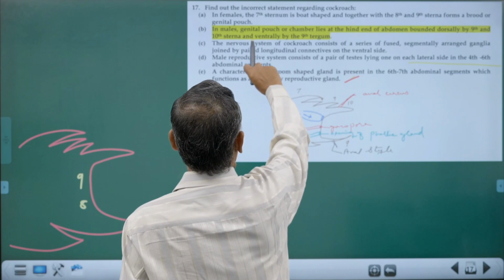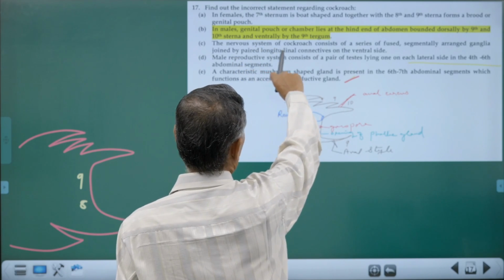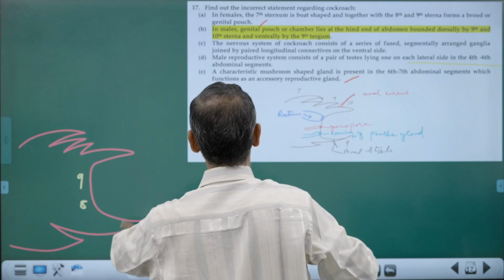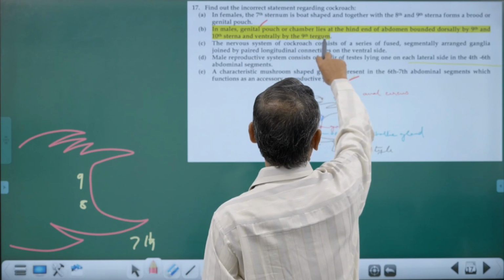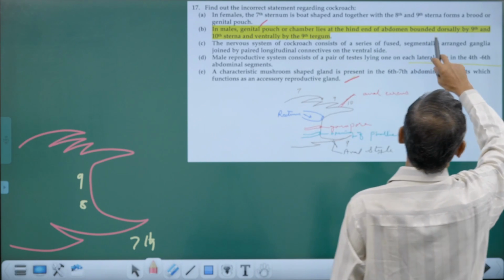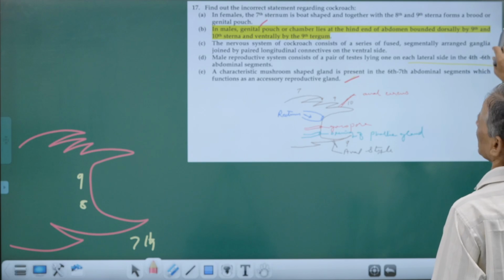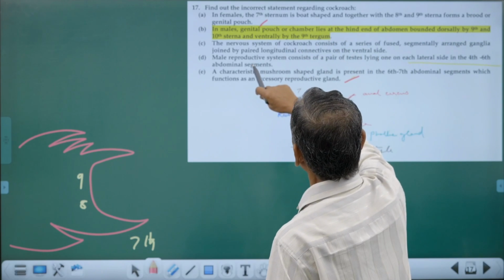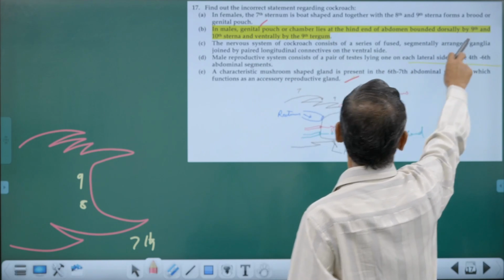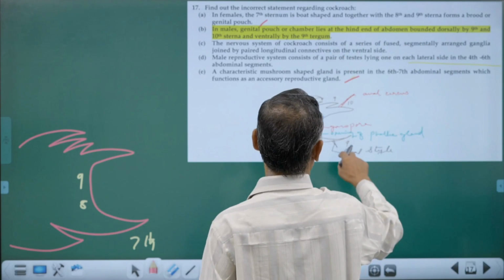So, in females, the 7th sternum is boat-shaped. Okay, correct. Genital pouch or chamber, hind end of the abdomen, bound dorsally by the 7th and 10th sterna. See, by the 9th and 10th sterna.